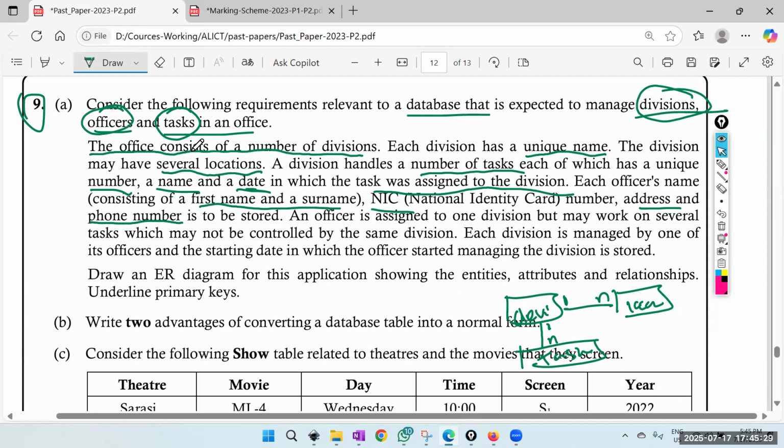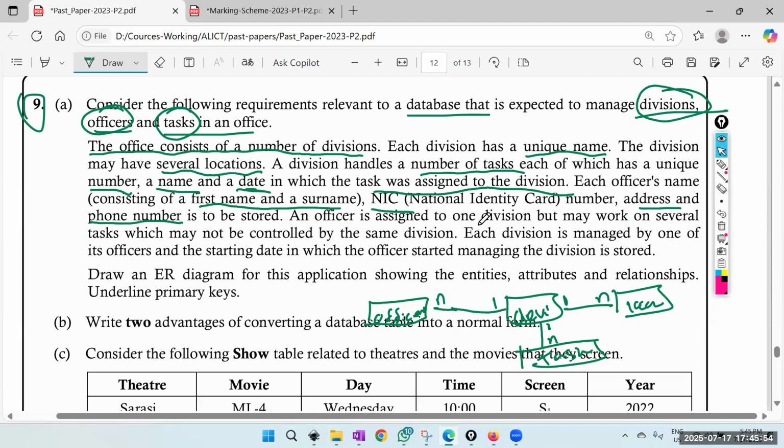Maybe a division has many officers, but I will call it officer. So hopefully one division has many officers, and one officer is connected to one division. For the time being I will assume that, but if there is any other information, I will change it.